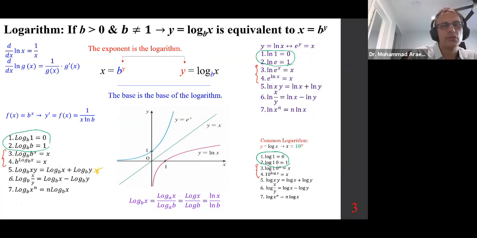This is the product rule. Number 5 is the product rule. General case, natural log, common log. Number 6, quotient rule.